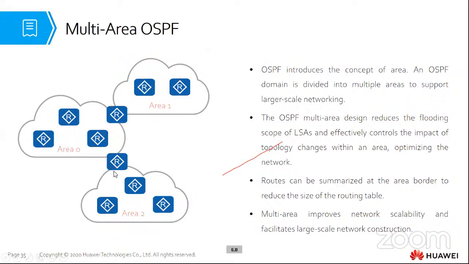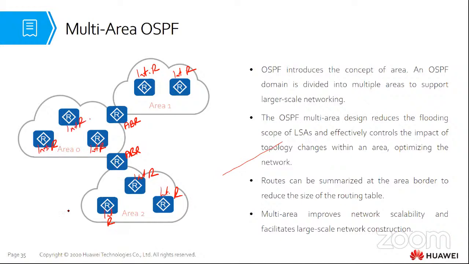The 4 types are area border router, like that one and this one. Internal router, like this one, and this one, and this one, and this one, and this one, and even this one, and this one, and this one.